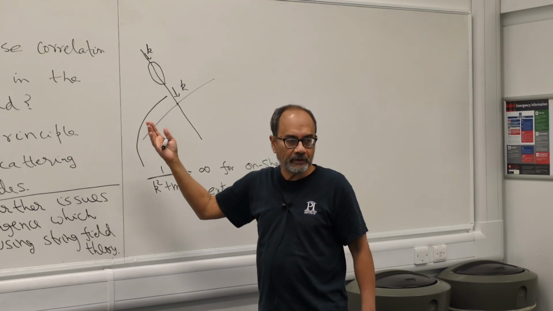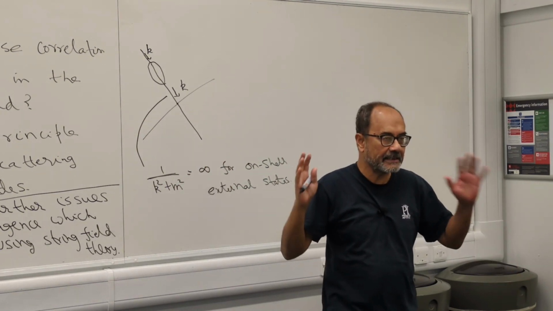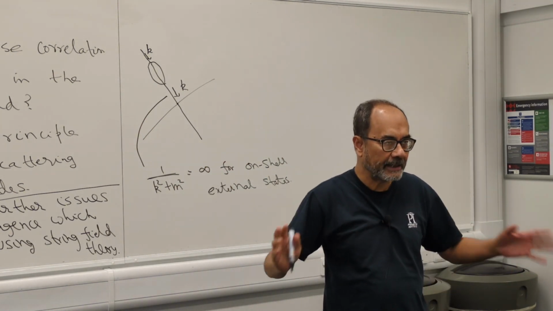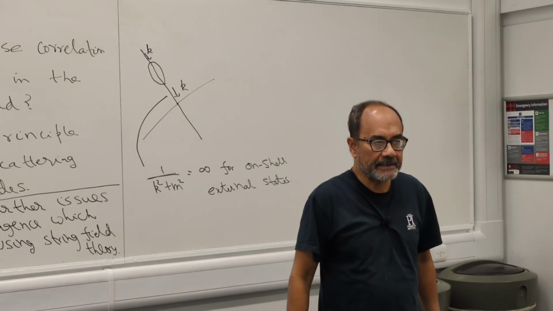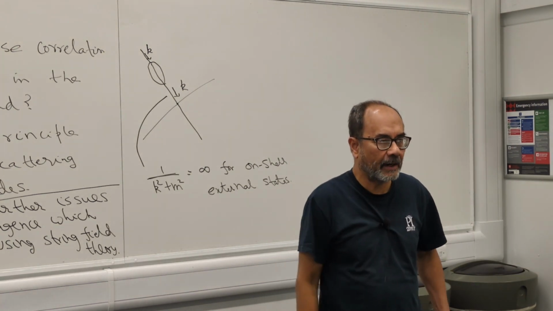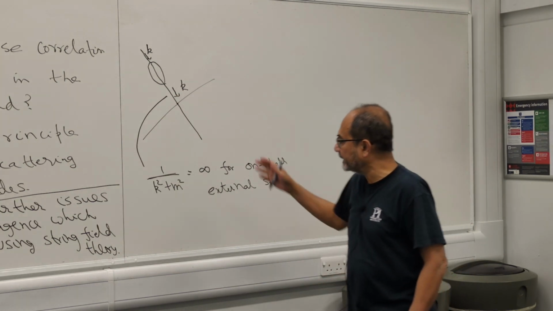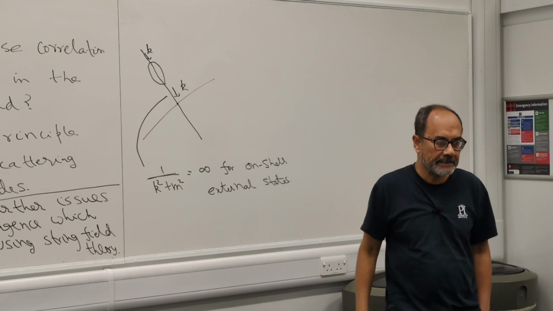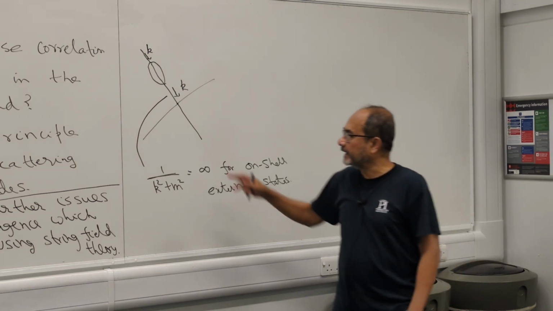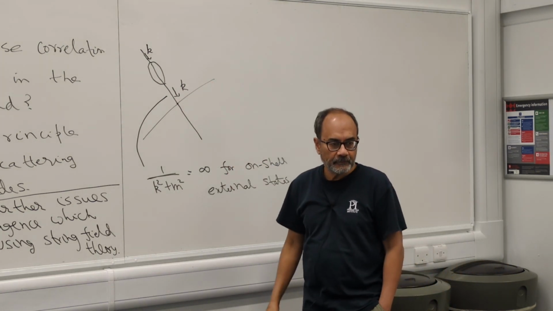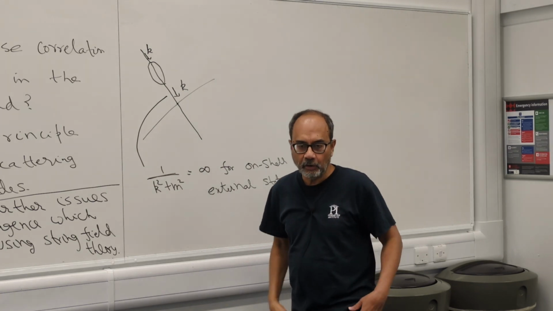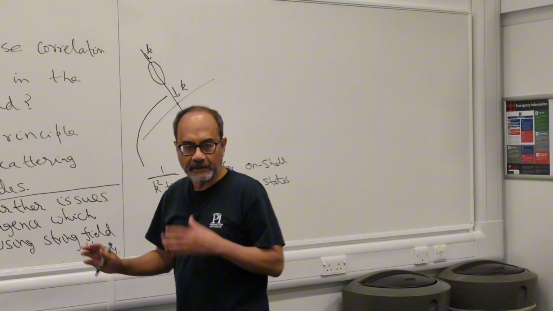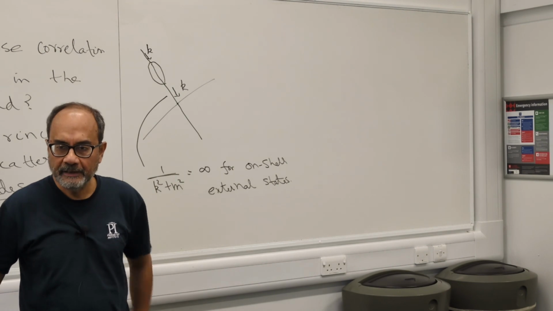The worldsheet gives you the result just as if you are just summing Feynman diagrams, so if you naively examine the worldsheet result, you find various divergences of this kind. These are what I call infrared divergences because they come from internal lines going on shell. But in quantum field theory, you know that internal lines going on shell means you are doing something wrong, and you have to repair it.